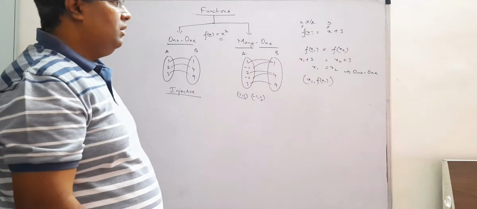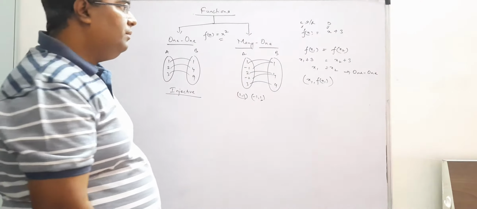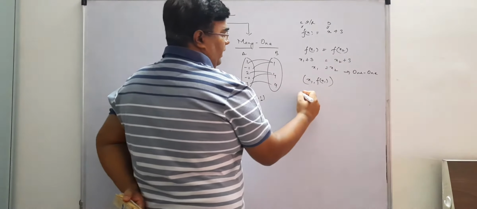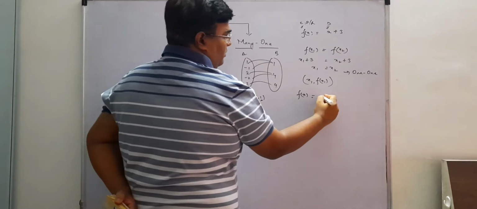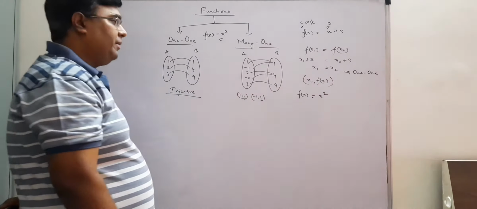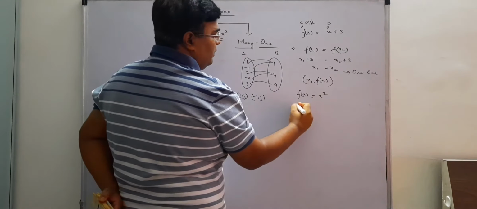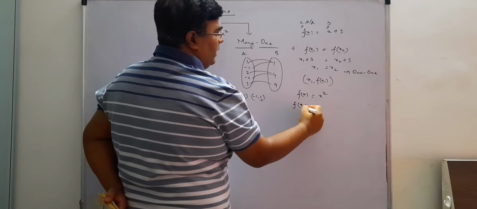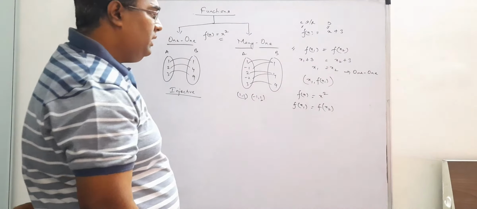Correct? Let us see how we can prove it is many-one. Same, we will take another example. Take this as an example. f(x) is equal to x square. Okay, same method. We will start by assuming that our second element is the same. Right.